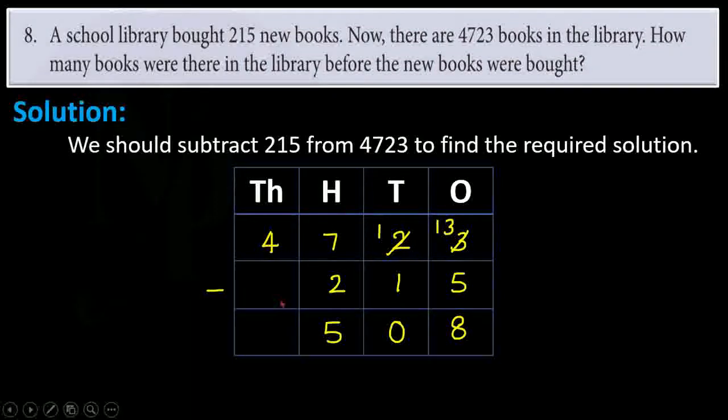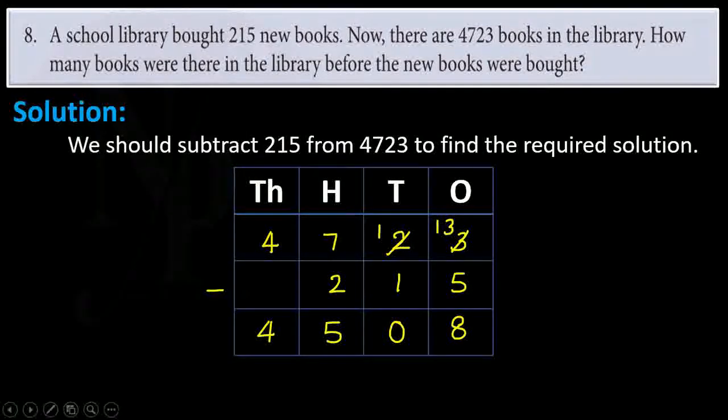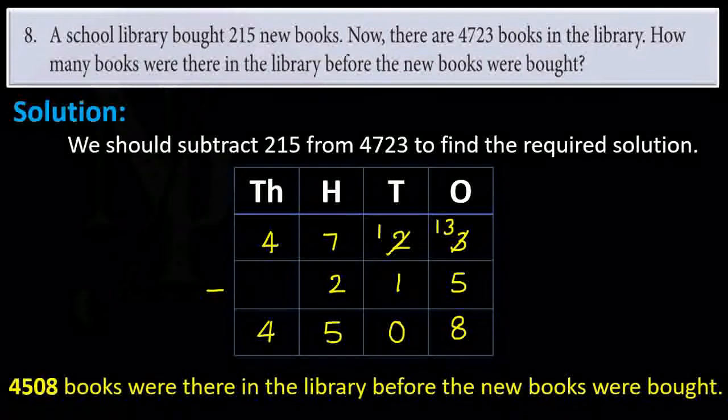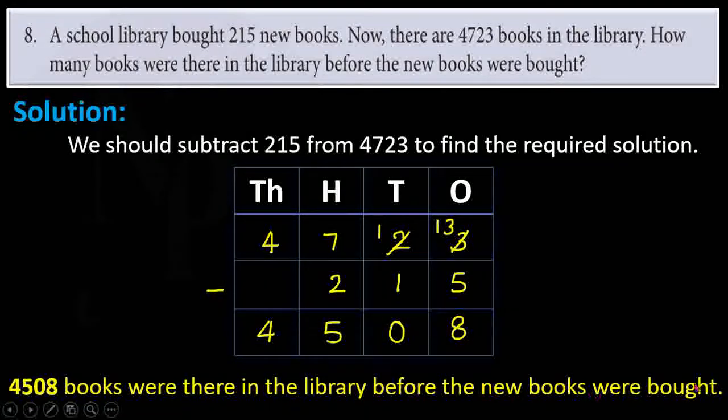Subtracting 0 from 4, we get 4 thousands. So therefore 4508 books were there in the library before the new books were bought.